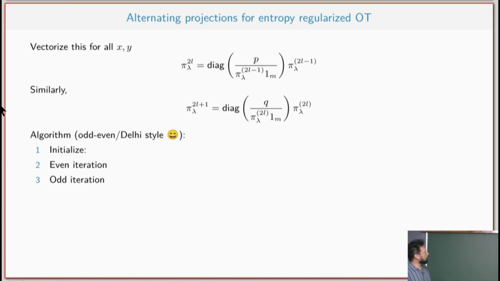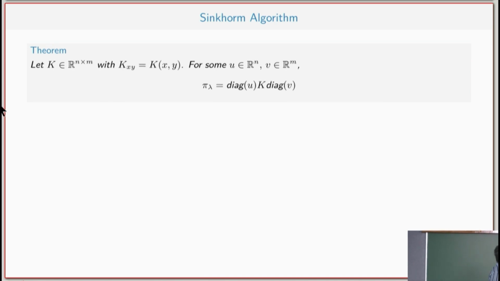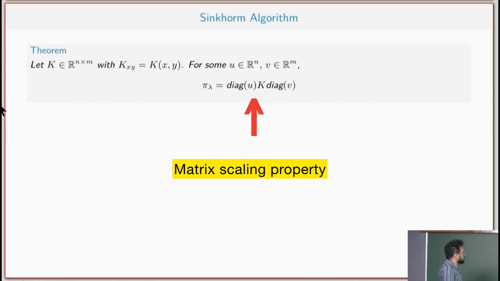There is this insight that the joint distributions could be seen in this form: joint distributions can be written like this, where this is diag of u, where u is an n dimensional vector, and v is an m dimensional vector.